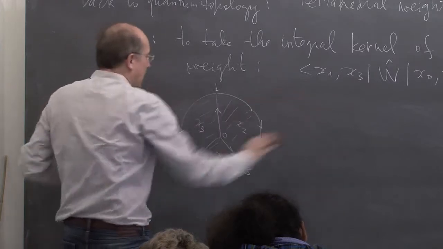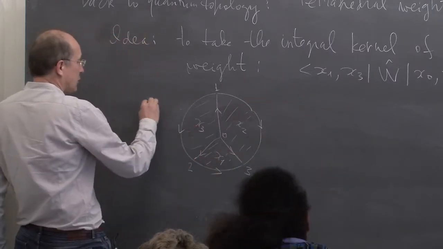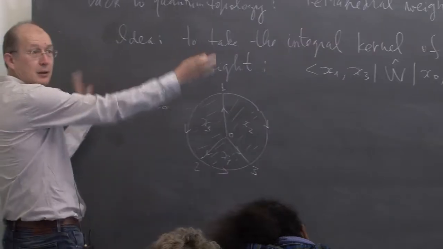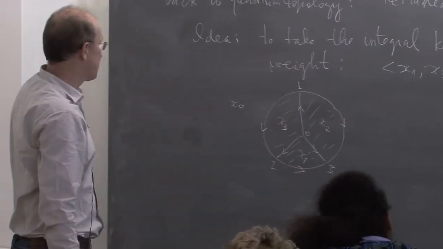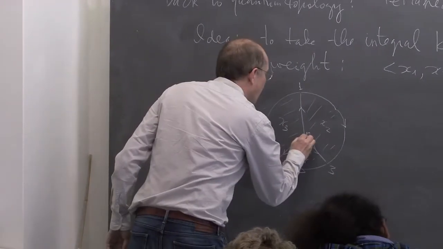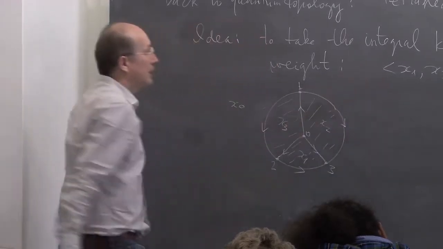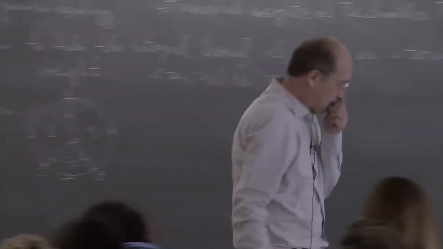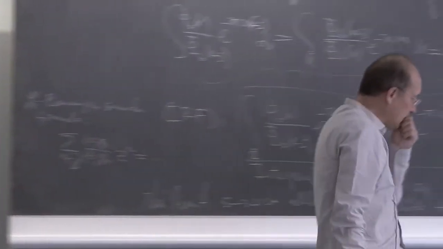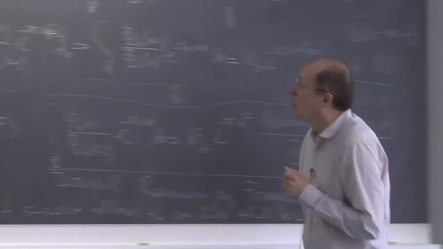Finally, the outer region is opposite to 0, so x0 is on the outer region. That's the way we now think of the integral kernel of the operator W.